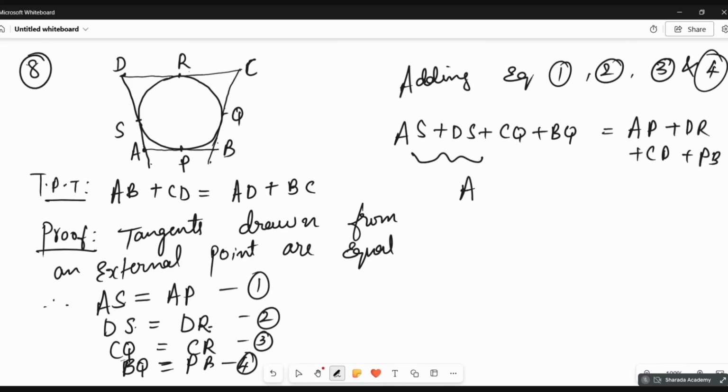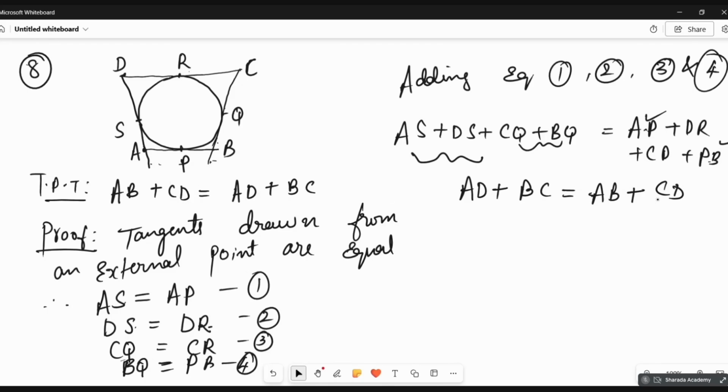AD, plus CQ plus BQ is BC. So that is equal to AP plus PB. AP plus BP is AB. Plus CR plus DR, that is CD. Now AD plus BC is equal to AB plus CD, we got.